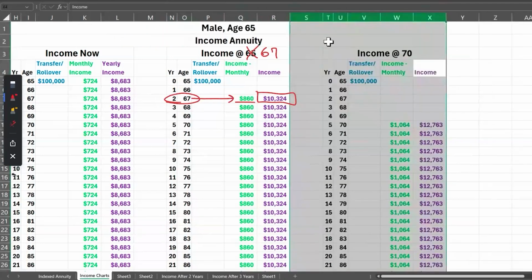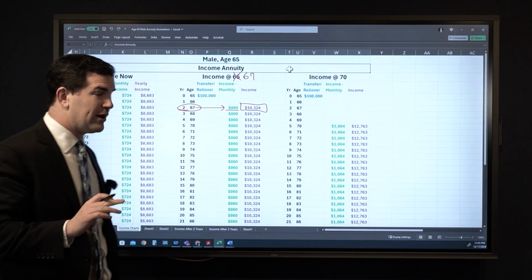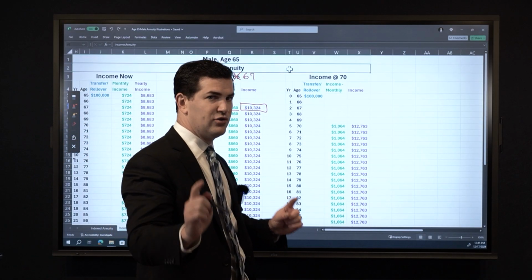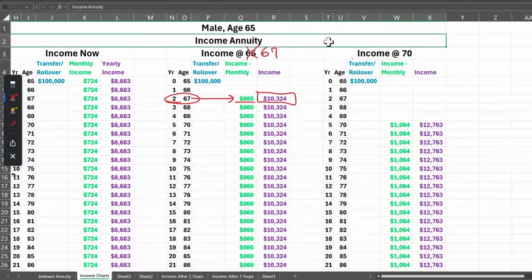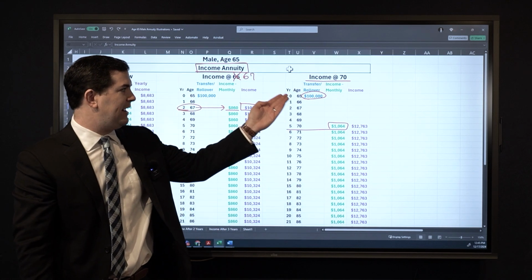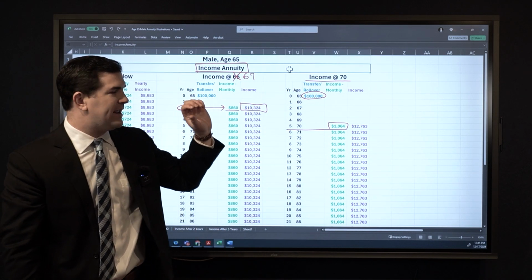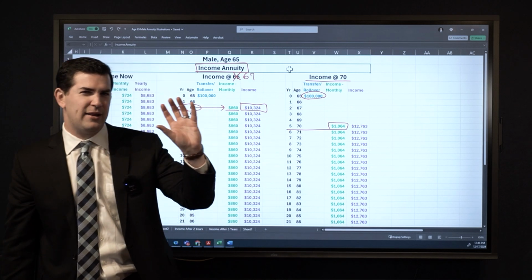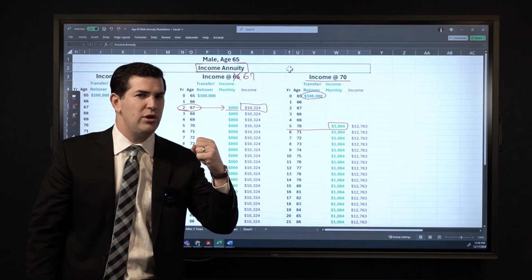And if he says, hey, I want to wait until 70 years old, or I think I might wait that long, because you don't need to pick up front when you're going to start taking income, here we go. Comes out to a little bit more than $1,000 per month. So this annuity is a good option if he said, hey, my whole plan with this 100 grand is not to try and make it last forever and grow the balance just right and take out money only when I need it.